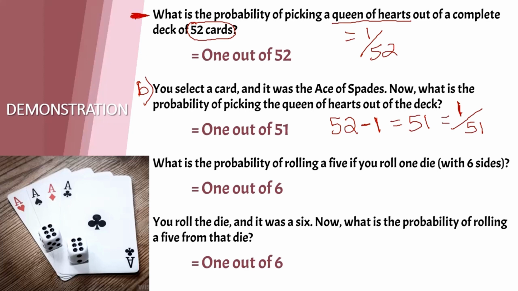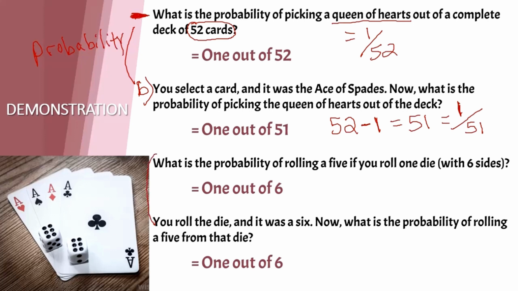Now what about dice? I'll use dice for a different kind of probability. And this up here is a specific kind of probability. And then this is another kind of probability.